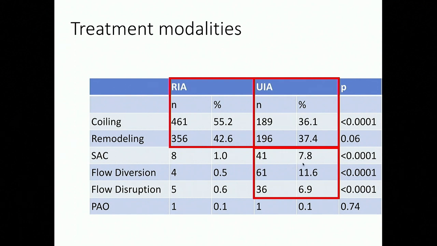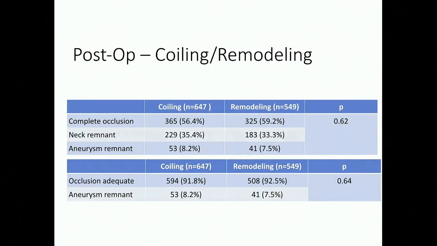If you look at the postoperative occlusion rate between coiling and remodeling, you see that you have a complete occlusion in 56% of the coil and complete occlusion in 59%. It's almost similar. And if you take into account the adequate occlusion, which is complete plus neck remnant, you have more than 90% of adequate occlusion in both groups.